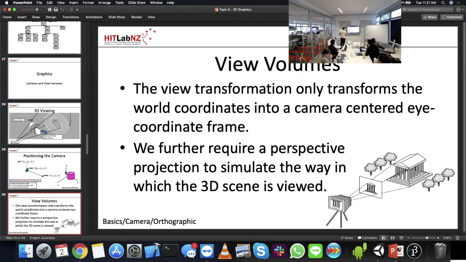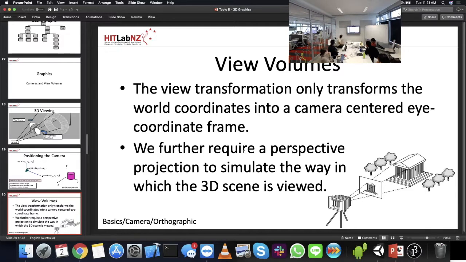The other thing we have is view volumes. So the view transforms the world coordinates, so these positions within the 3D environment, into the camera frame. So it's basically going to translate them from a 3D world onto a 2D plane, or the 2D frame rather.